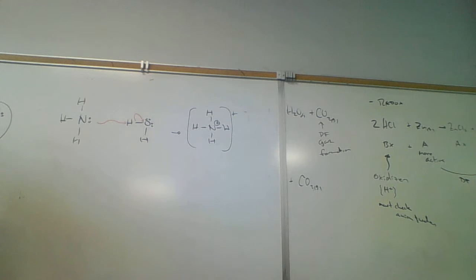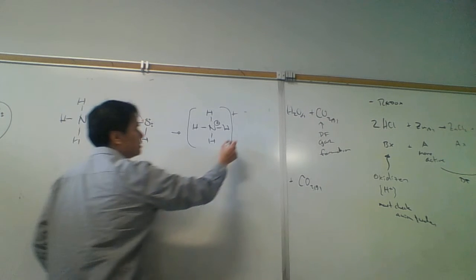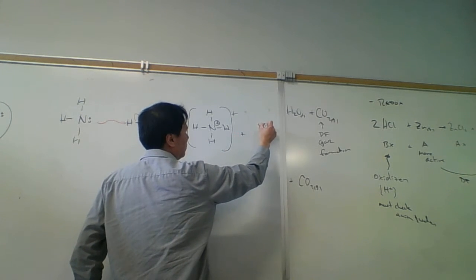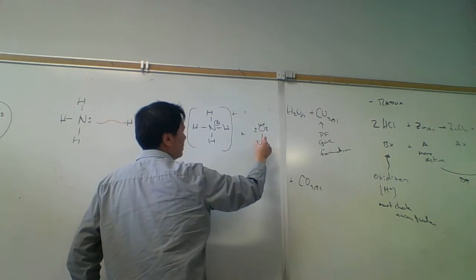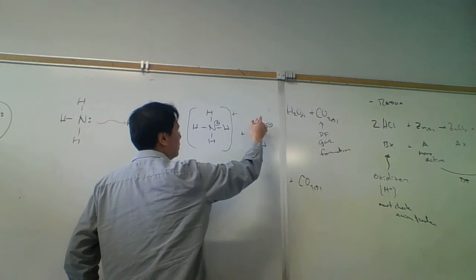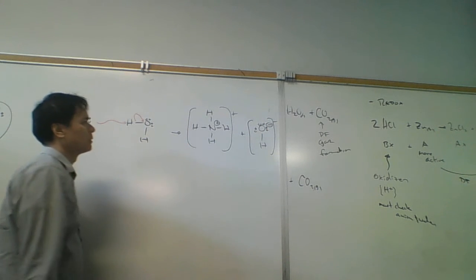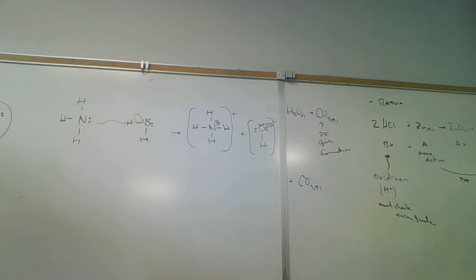Ammonia takes a proton, or a hydrogen ion, from water and forms ammonium. Water is going to lose that hydrogen ion, but it's going to retain the electrons. And so the other product looks like this. This oxygen is going to have a negative charge, and the whole thing carries a negative charge. And so we form ammonium and hydroxide.